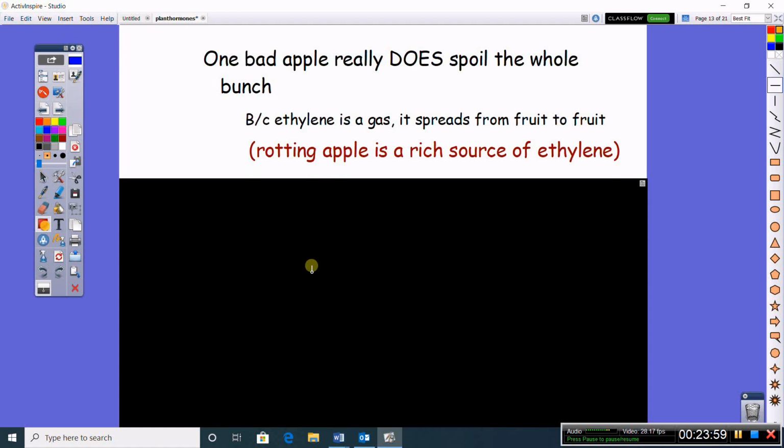If you've ever heard the expression, one bad apple spoils the whole bunch, this is where that came from. Because ethylene's a gas, it spreads from fruit to fruit. And a rotting apple is a very rich source of ethylene. It's producing a lot of ethylene, so that fruit is ripening too much.